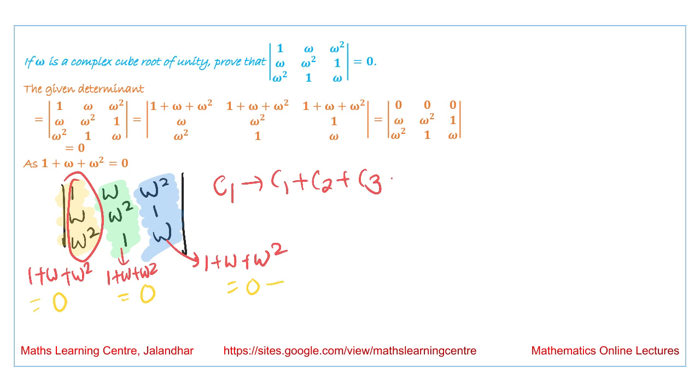So we obtain this determinant where all the values in the first column are 0, and as all these values are 0, the value of this determinant comes out to be equal to 0, and this is what we had to prove.